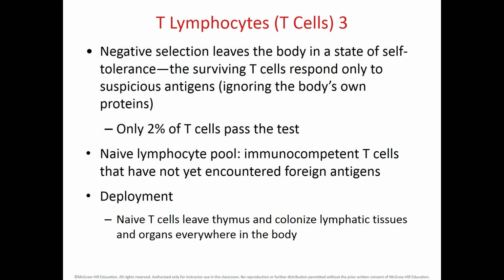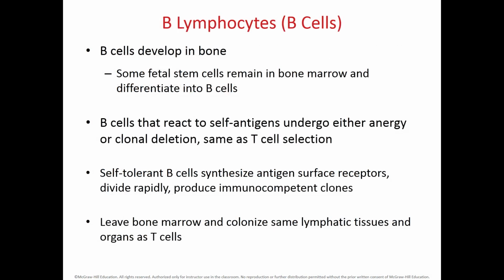And there, your naive cells will be responsible for finding foreign antigens. And if they find these foreign antigens, they will expand, and they will form clones that will attack these foreign antigens.